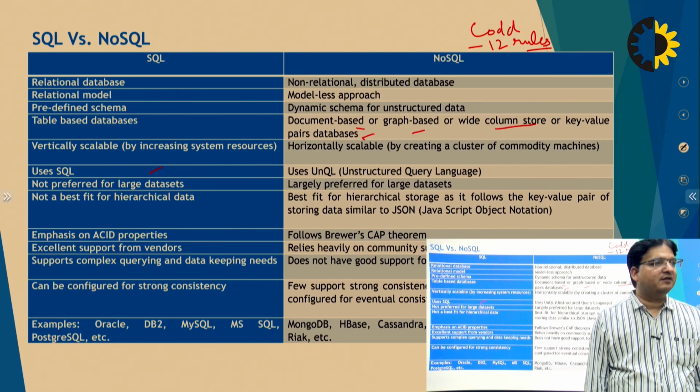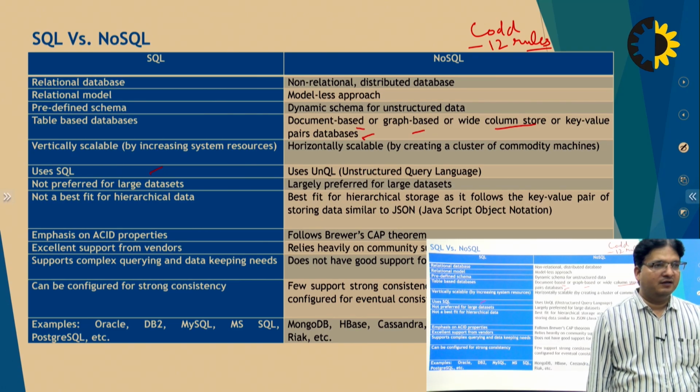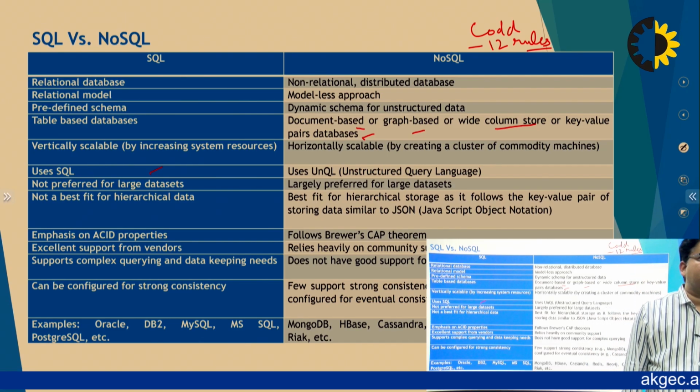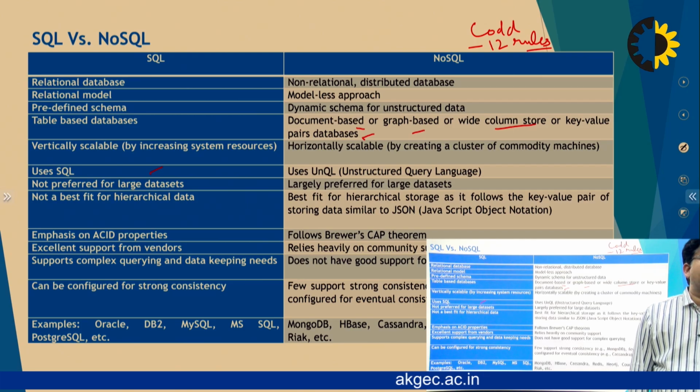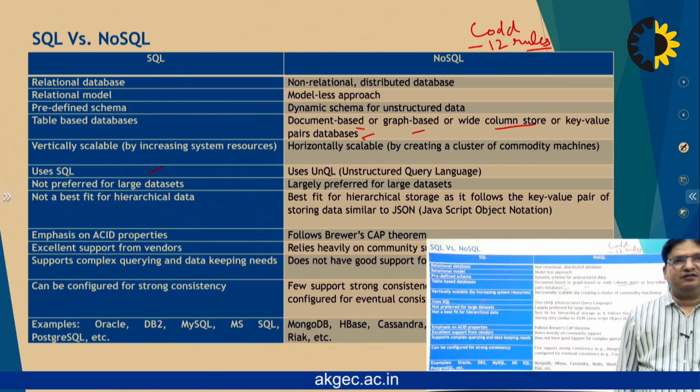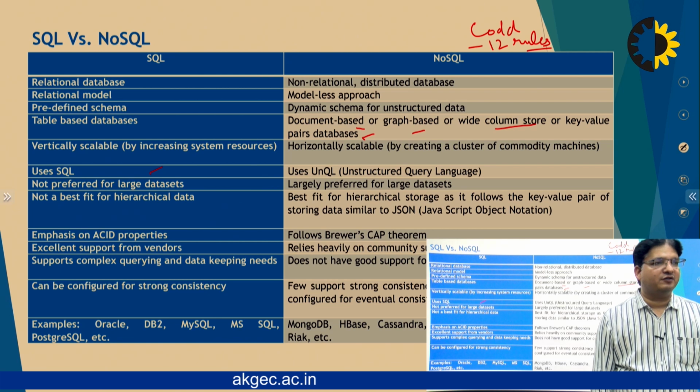Next difference is that SQL is not suitable for hierarchical data, whereas NoSQL is suitable for hierarchical data as it follows key-value pair storing, that is similar to JSON, where JSON is JavaScript Object Notation.